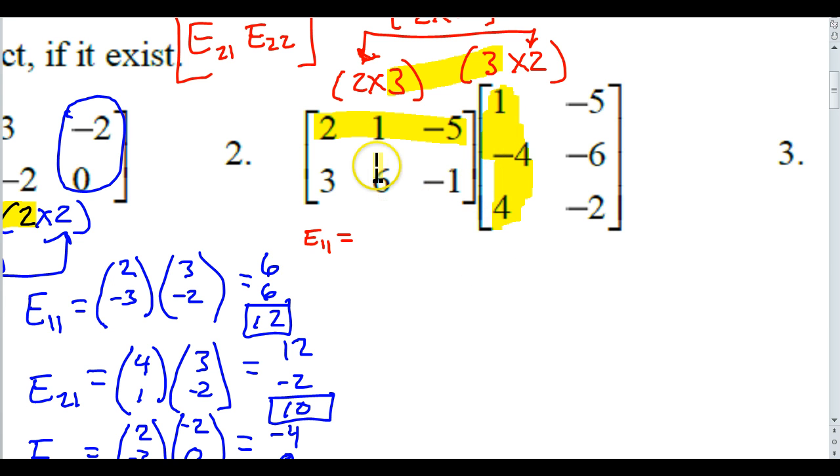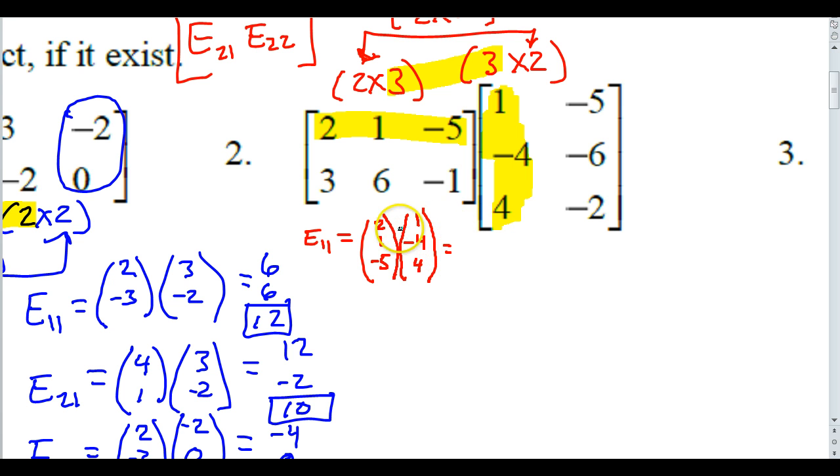Okay, row 1 times column 1. So if I do that, I'm going to have this. Row 1 is 2, 1, -5. Column 1 is 1, -4, 4.